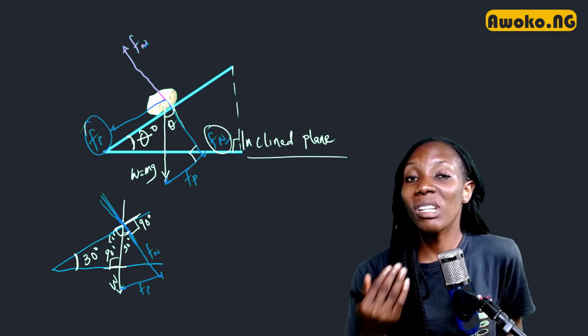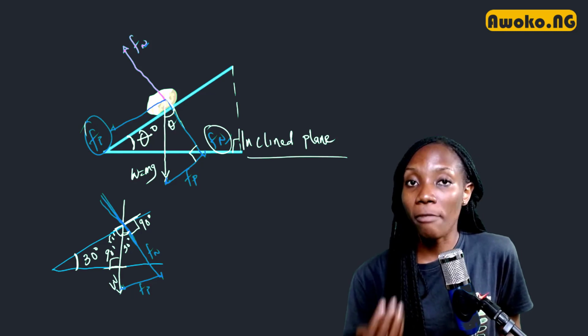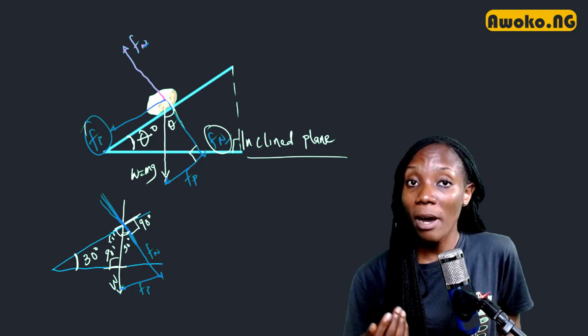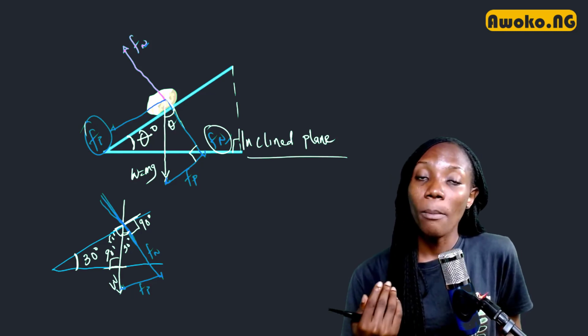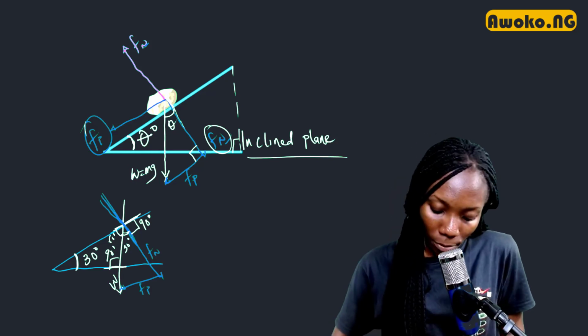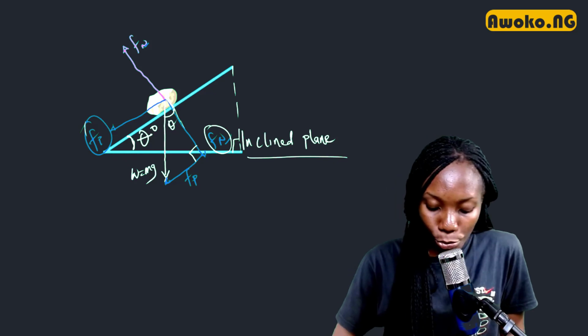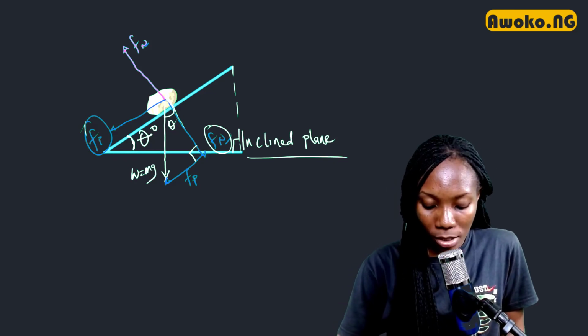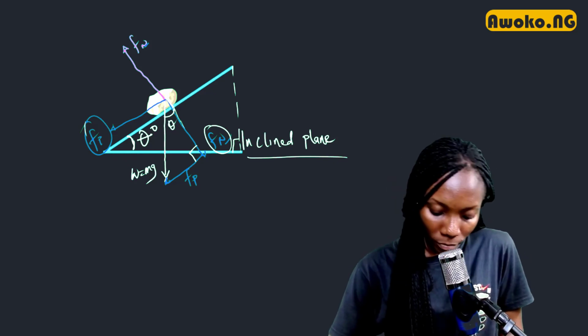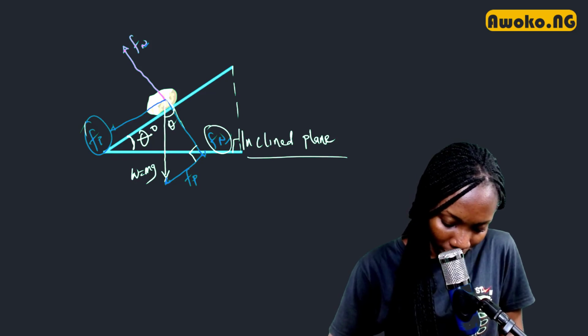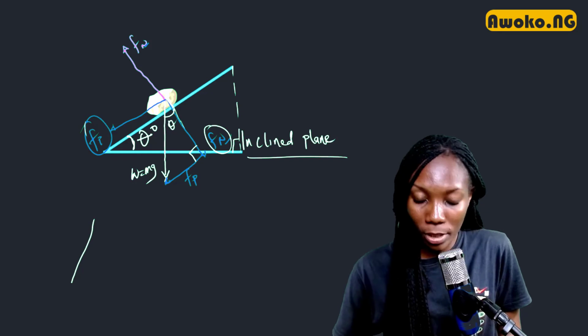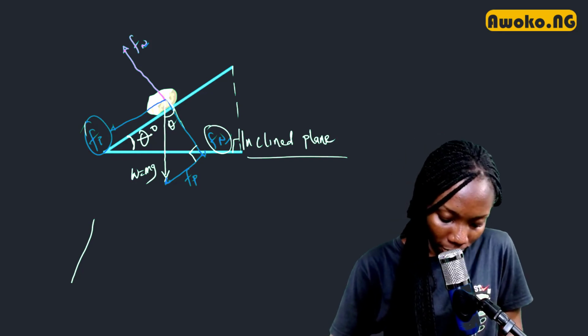With this, we can get our perpendicular force, or our normal force, and we can also get our parallel force. So now, how do we do this? Again, let us draw out this smaller triangle, using the same color so we don't confuse ourselves.